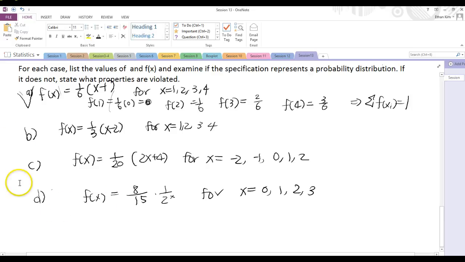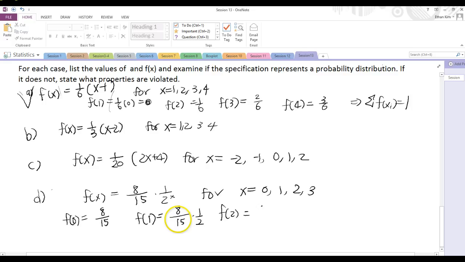Let's just go over part D because I think that's something I want to go over. So for f of 0, this is just 8 over 15. F of 1 is 8 over 15 times 1/2. F of 2 equals 8 over 15 times 1/4.